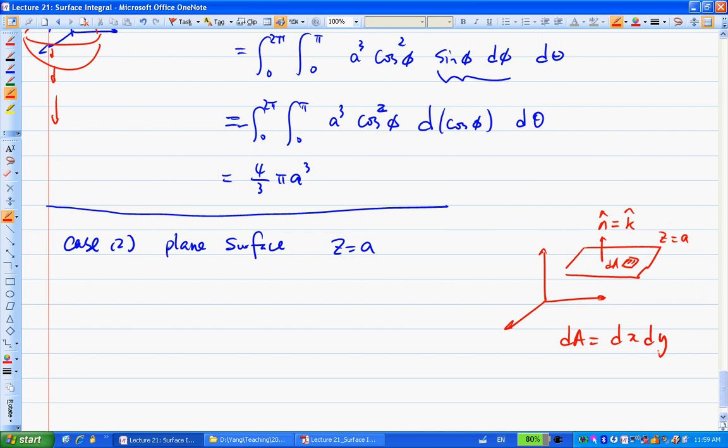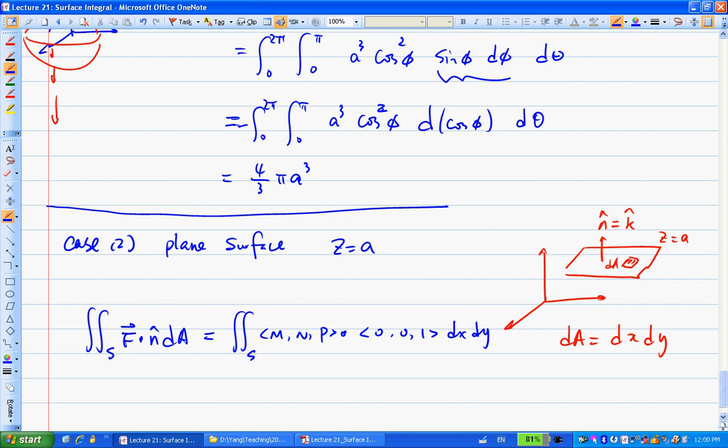That's basically the layout of this surface integral. The surface integral over S of F dot n hat dA, where F is M, N, P, and n hat is k hat, meaning 0, 0, 1, and dA is dx dy.